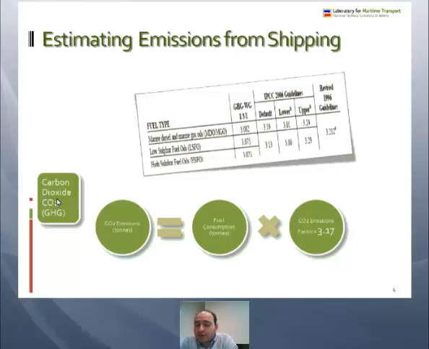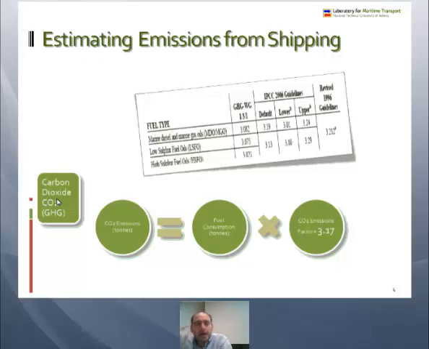There is a different factor for marine diesel oil and marine gas oil, as you can see in that table. And there is also a different emission factor for low sulfur fuel oils and high sulfur fuel oils.